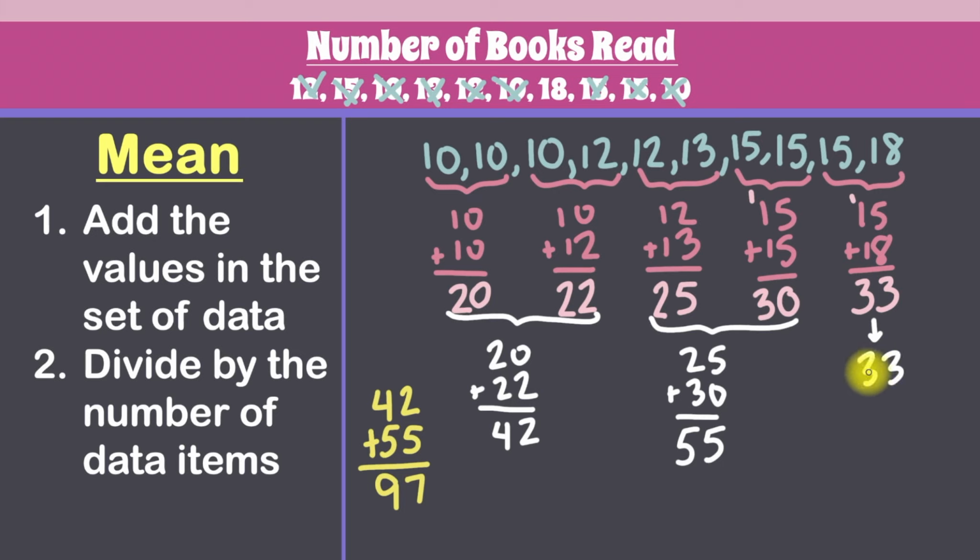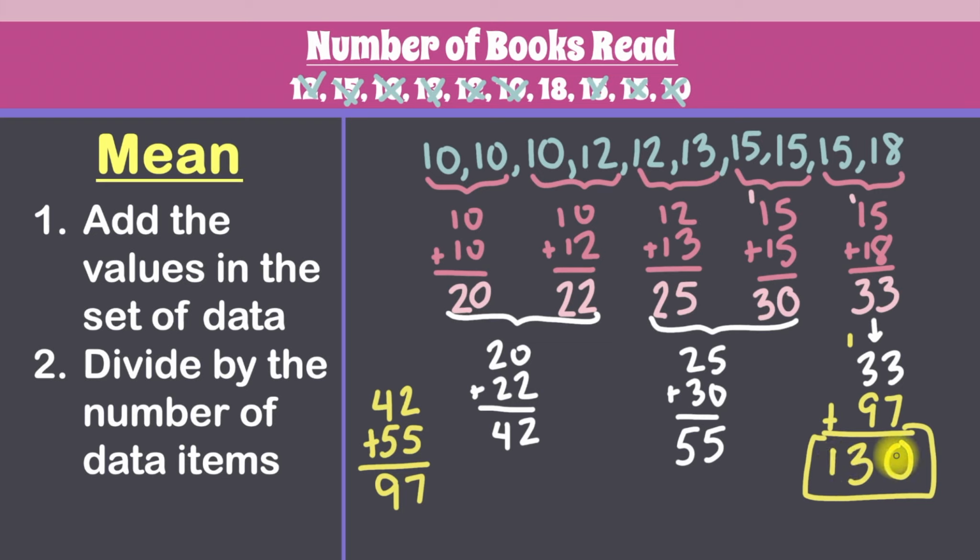So I've got 33 plus 97. 3 plus 7 is 10. So I'll bring down the 0 and carry the 1. 1 plus 3 is 4. And 4 plus 9 is 13. So I'll bring down 13, making our sum for all of our data 130.